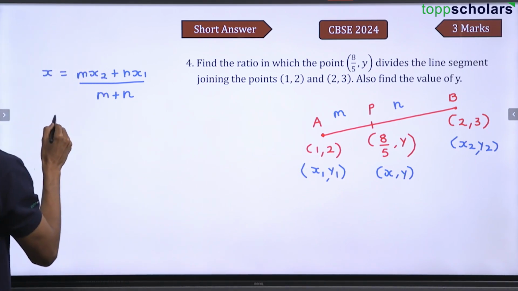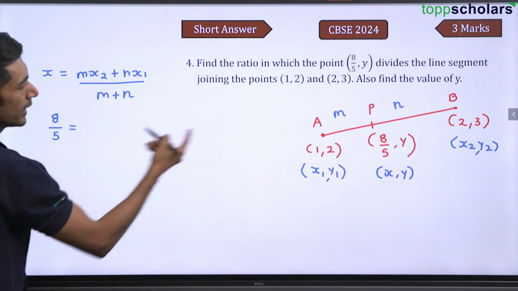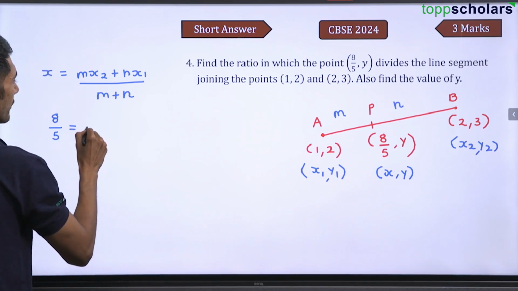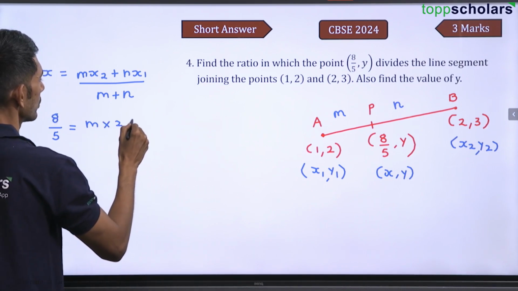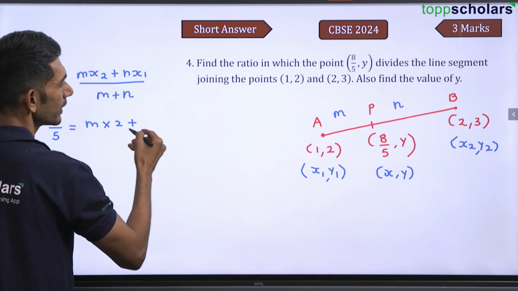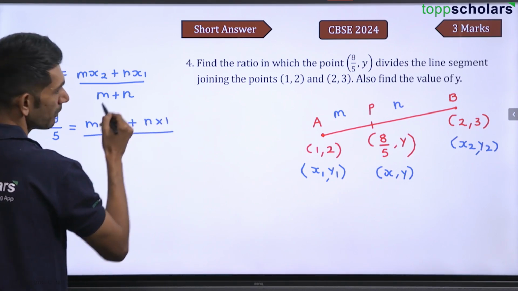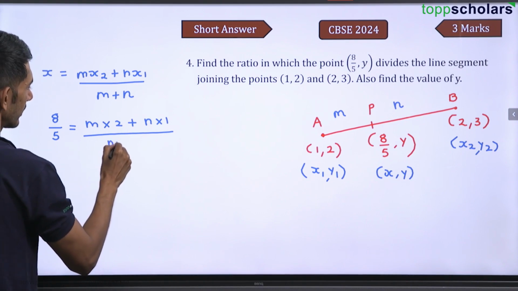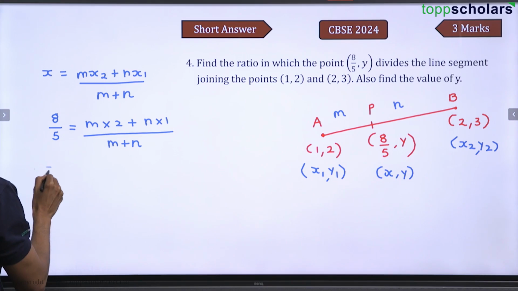X is 8 by 5. So 8 by 5 is equal to m into x2, that is m into 2 plus n into x1, that is n into 1 by m plus n. I can take m plus n here.